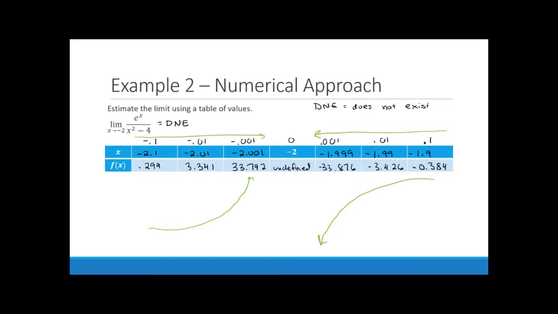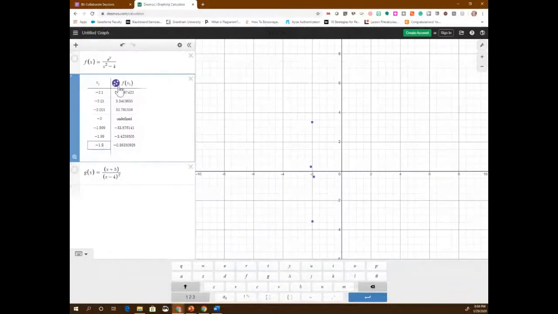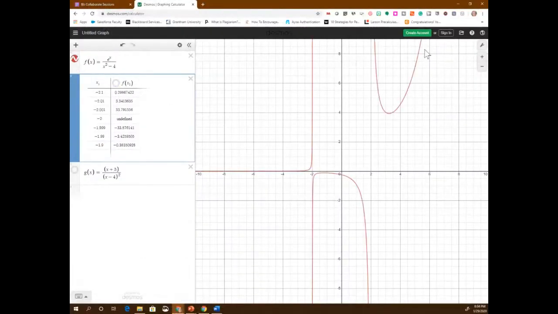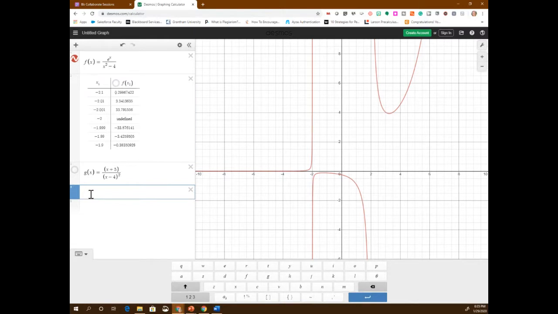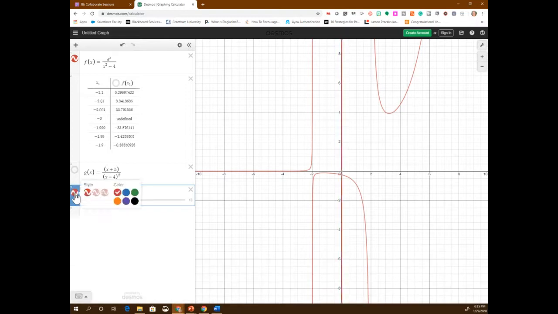And so going back to Desmos, I'm going to turn on what the graph of this function looks like. So it looks really interesting. First we're looking at what happens when x goes to 0, so I'm going to type in x equals 0, and I want to change the color. Our limit when x went to 0 was an actual number.